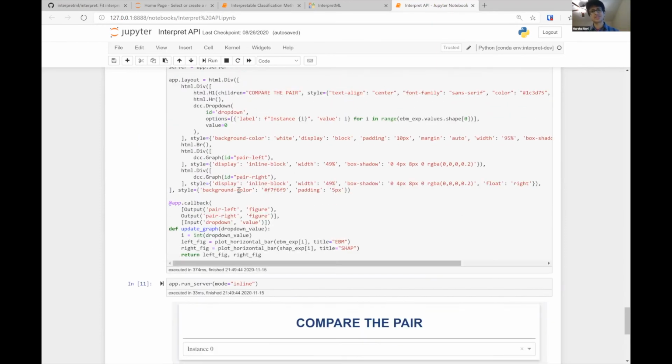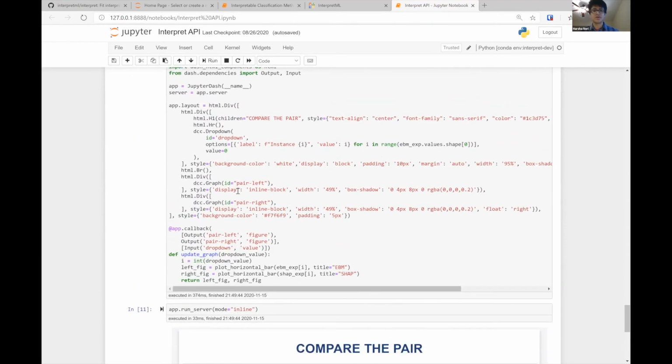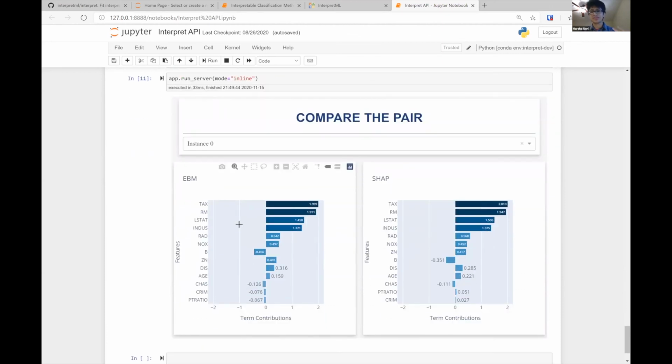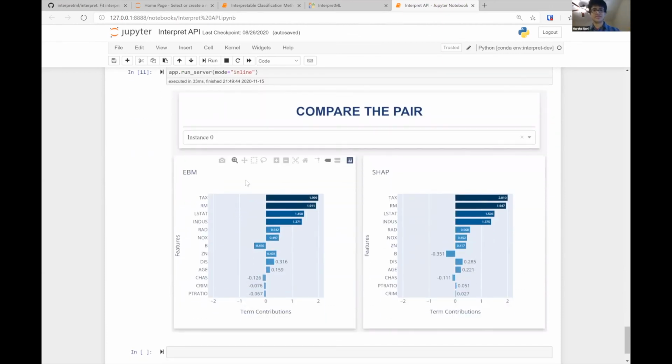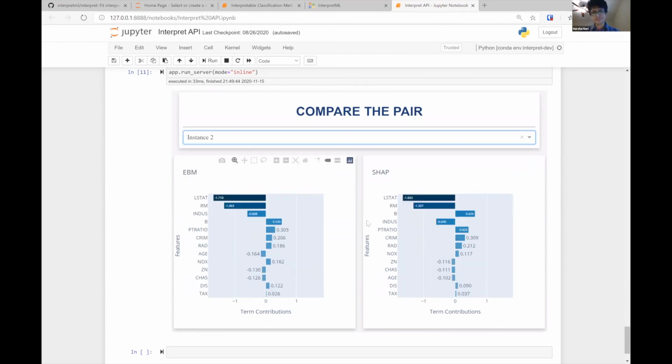Now that these objects are shared and simple, we're really hoping to take the interpretability ecosystem as a whole to the next level and enable people to build all kinds of cool experiences. This is just a little dashboard I made in about 10 minutes for comparing what comes out of an EBM with what comes out of SHAP.